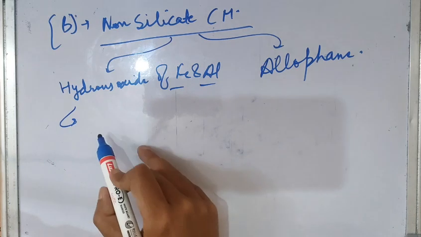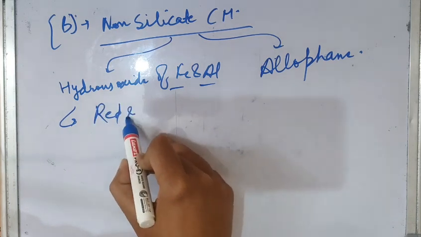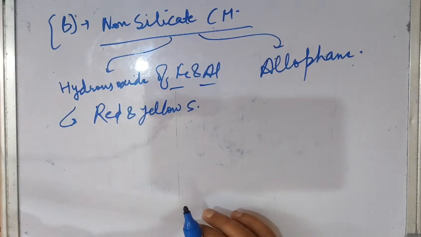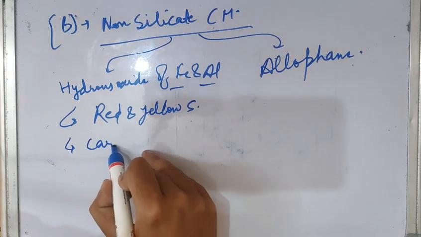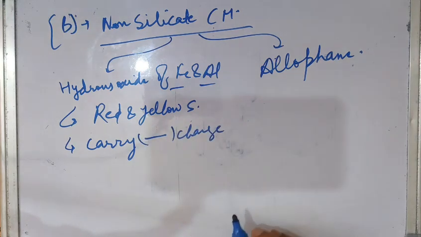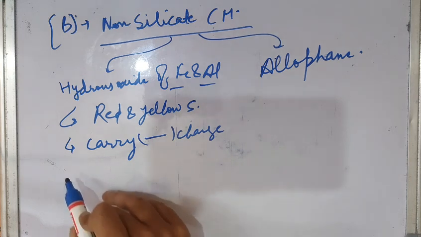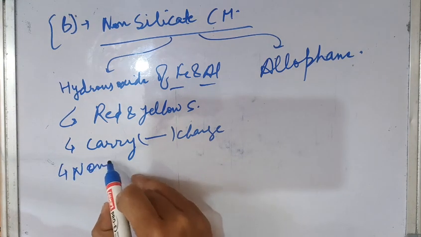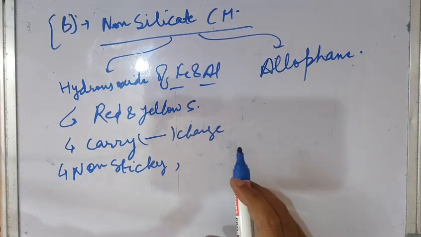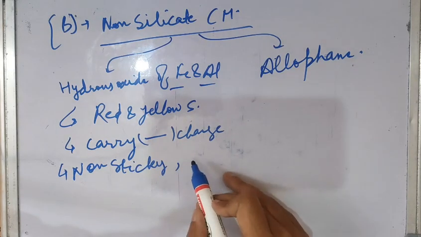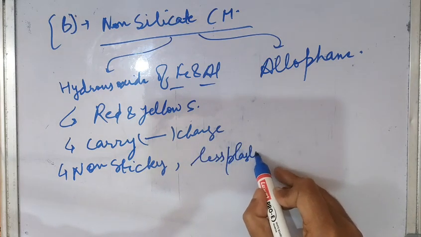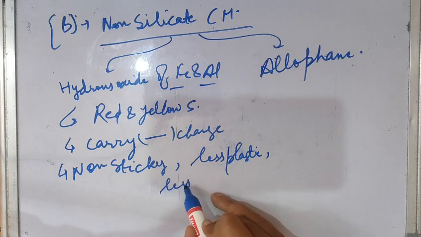It is present in red and yellow soils. Red and yellow soils carry negative charge. These are non-sticky, less plastic, that is they expand less, and less cohesive.